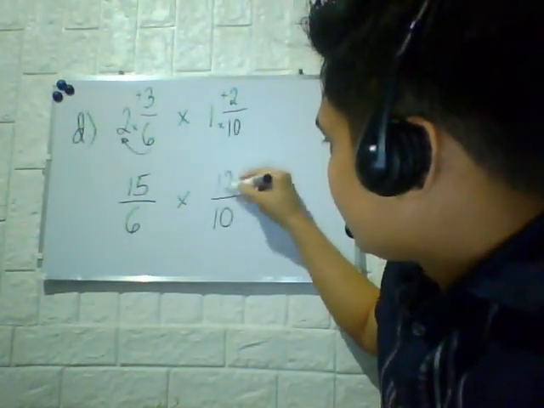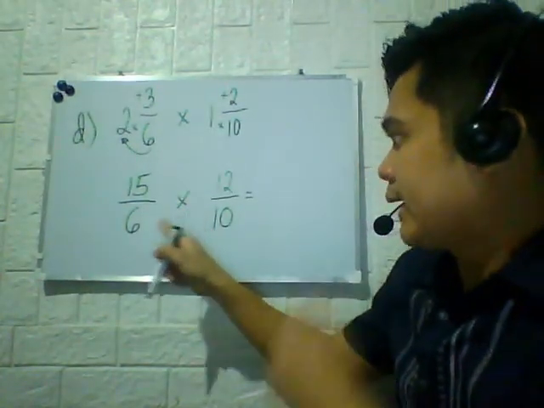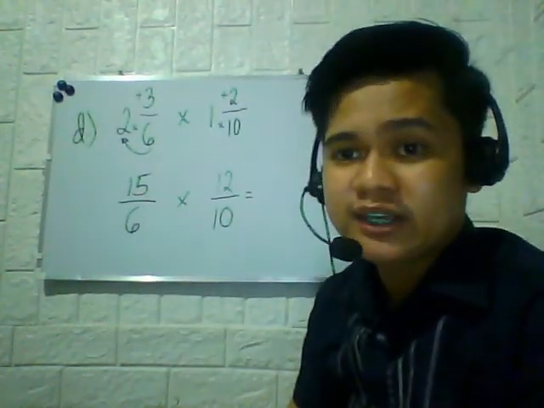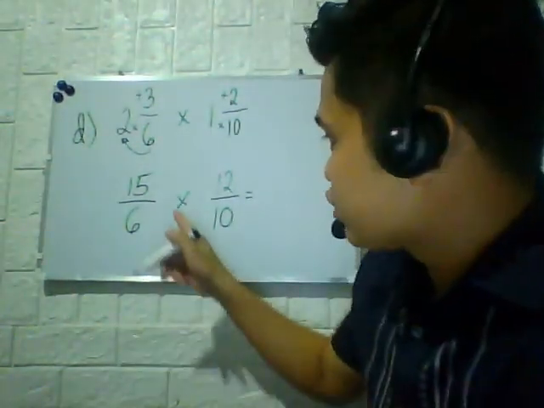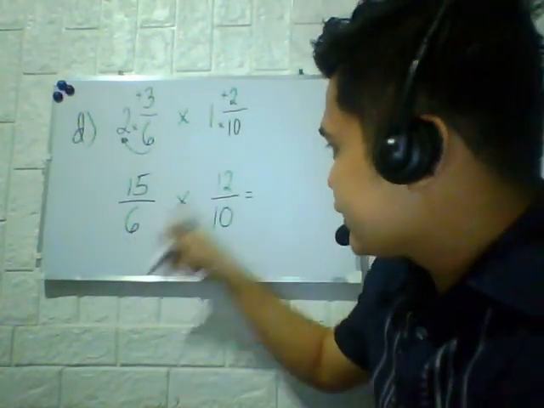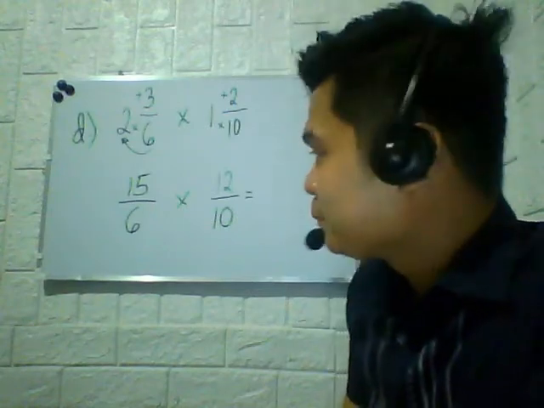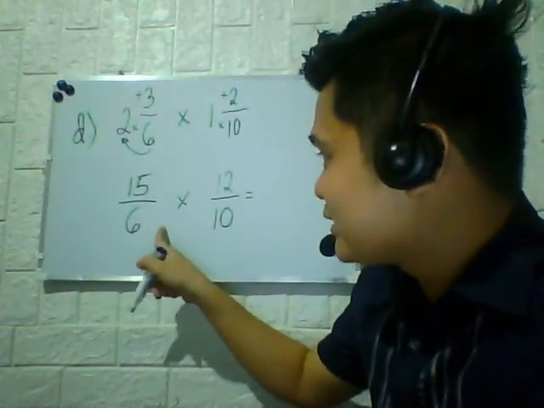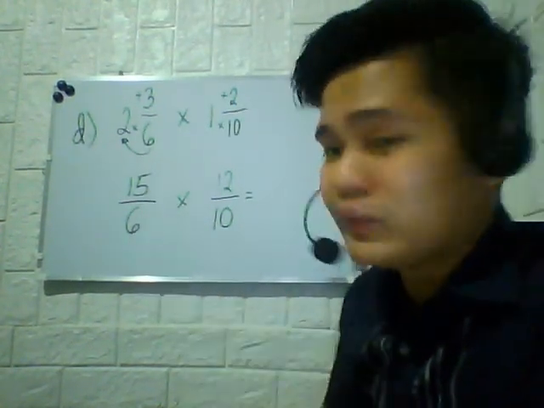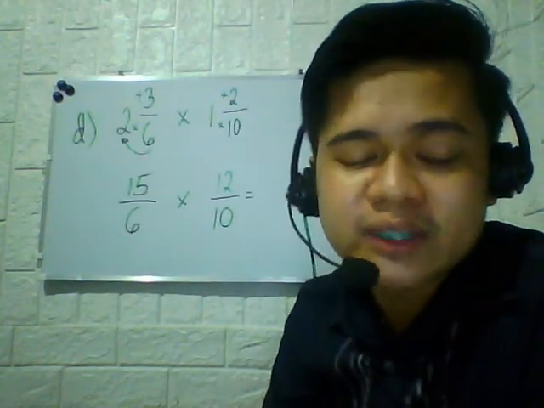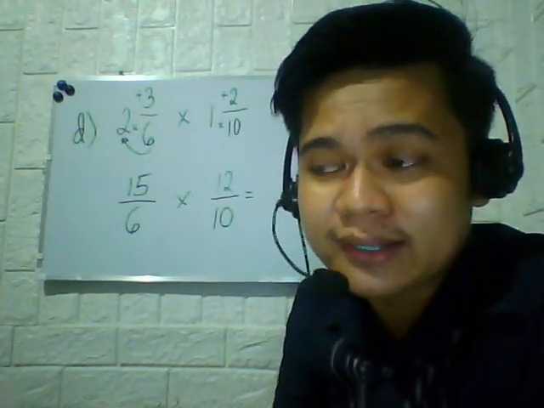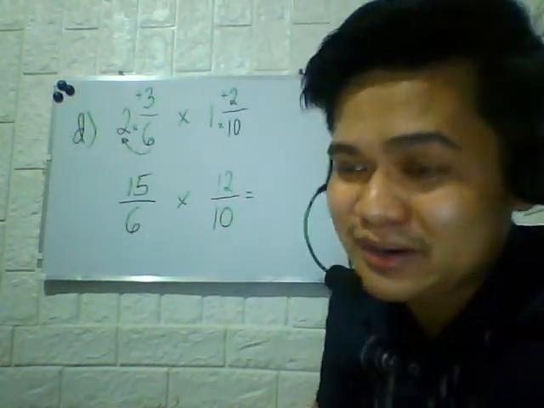Okay. Now, eto na. Bago tayo mag-multiply, obvious naman, meron tayong pwedeng mga i-simplify dito. And as obvious as you can see, it can be 6 and 12 and 15 and 10. Tama ba? Are you thinking of that? Pero alam nyo ba na pwede rin naman natin i-simplify si 15 together with 6. Walang problema dyan. Sa pag-simplify, hindi tayo mapili. Tandaan nyo yan. Sana all, no? Hindi mapili.